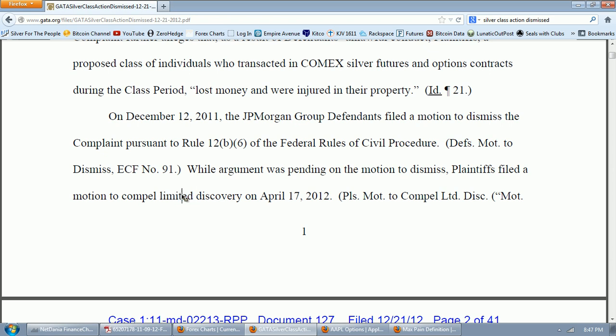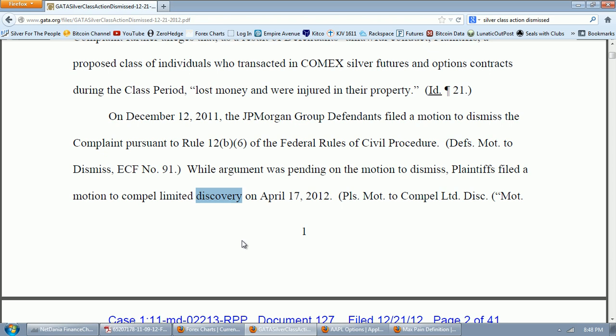They could not get that information until they were allowed discovery or the trial went to the discovery phase. That's why they filed this motion for limited discovery, probably hoping to find something more to make their case that the silver market was in fact manipulated.